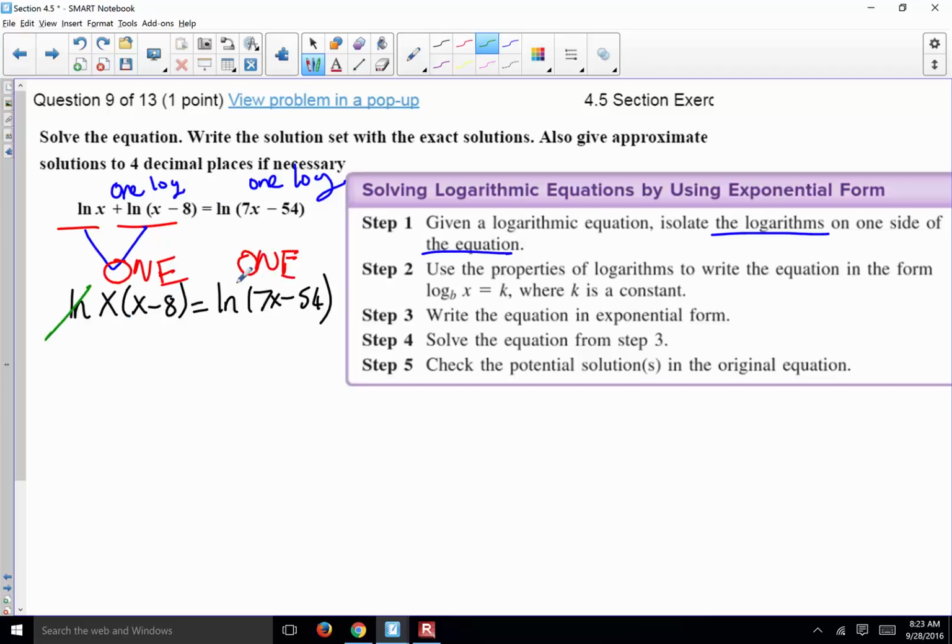Alright, then cross these out and get x minus 8 equals 7x minus 54. Alright, all you need to do is multiply these out, bring x's together.